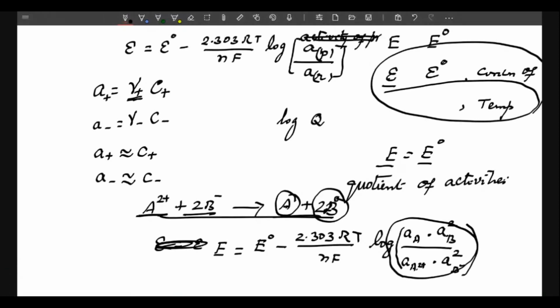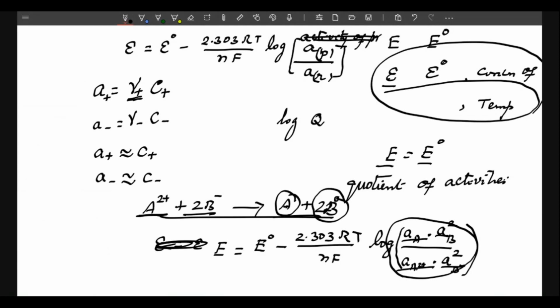As concentration increases, it behaves non-ideally. Therefore, we take the solution concentration to be small, and instead of activity we make use of concentration. Hereafter, we are going to use the Nernst equation in terms of concentration, not activity. If solids and pure liquids are there, their activity is 1, so they are generally not taken into account in the calculation.